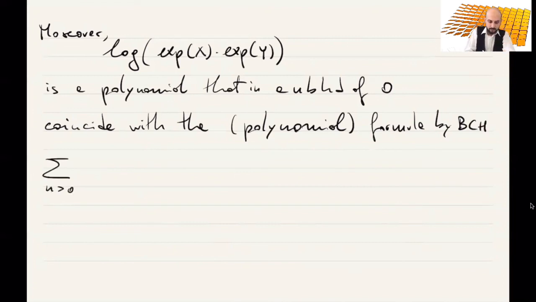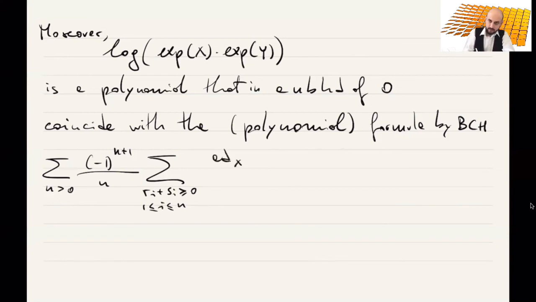It was a sum over n greater than 0, of minus 1 to the n plus 1 divided by n, then a sum over double indices r_i plus s_i greater or equal than 0, each i from 1 to n, and then we have ad x to the r_1 times ad y to the s_1, composed up to ad x to the r_n times ad y to the s_(n minus 1), applied to y.